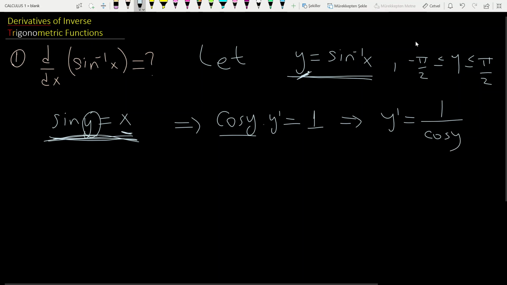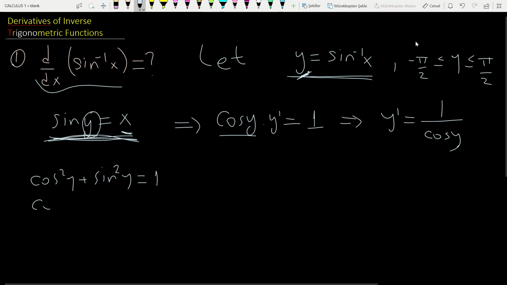We actually find y prime, but the answer is with respect to y, not x. As you see, the answer must be with respect to x, not y. This is why we should use this equality: cosine square y plus sine square y is equal to 1. We know this, right?